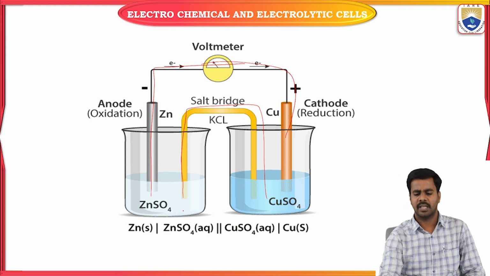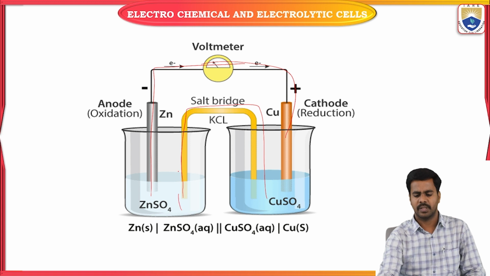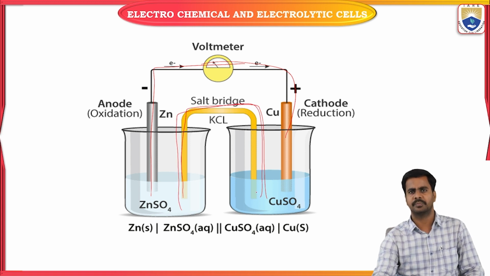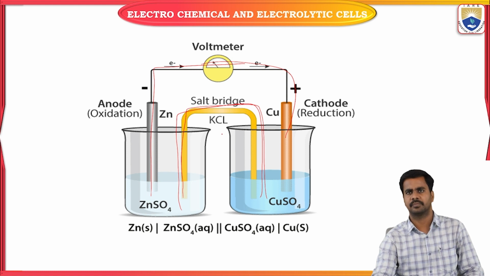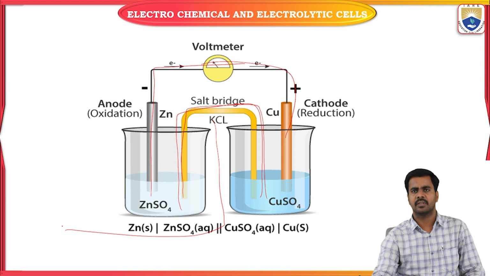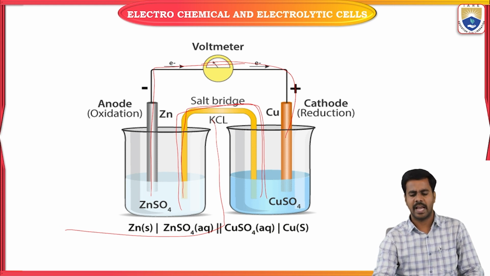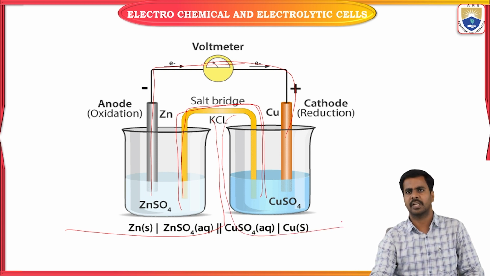A U-shaped tube connected between the anode and cathode acts as a salt bridge. Half of the cell is the anodic compartment, and the remaining part is the cathodic compartment.